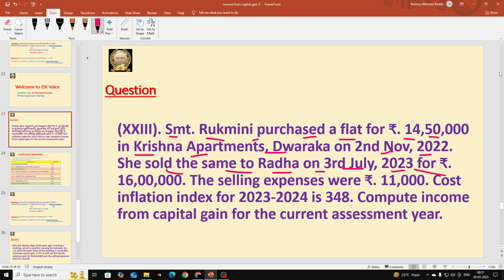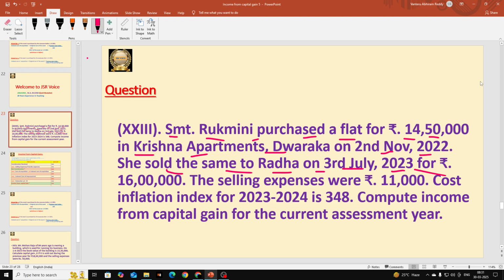Here you should observe one point. She purchased in November 2022 and she is selling in July 2023. She is not even holding that asset for a period of 1 year at least. She is using it for less than 2 years and she is selling it off. And here we have to treat it as a short term capital asset.